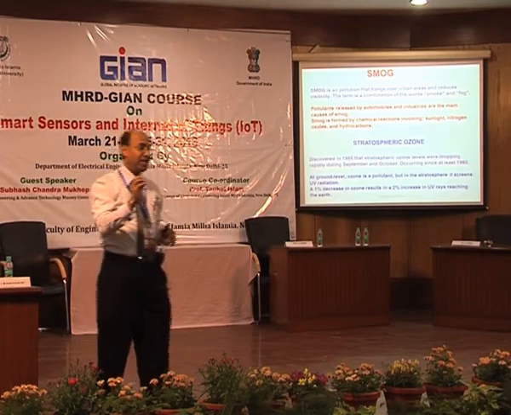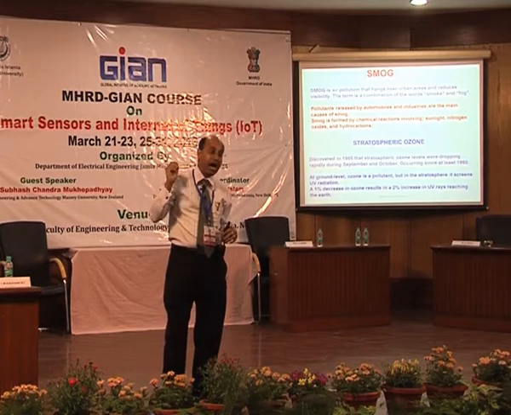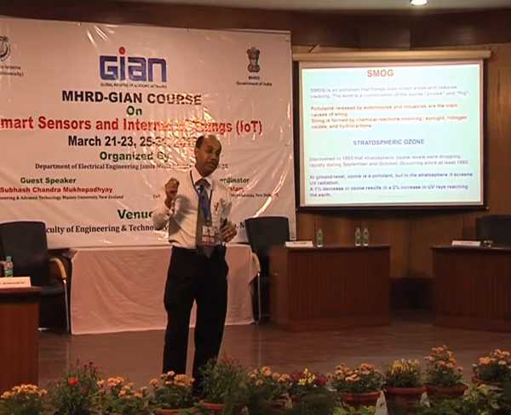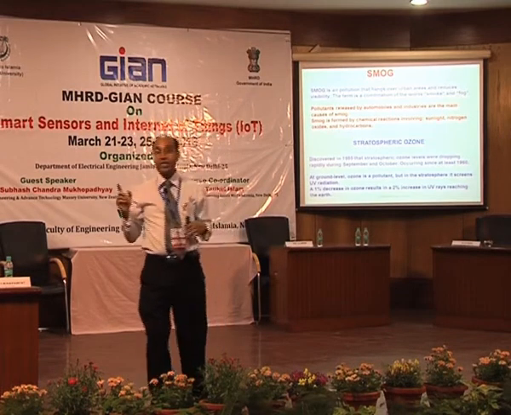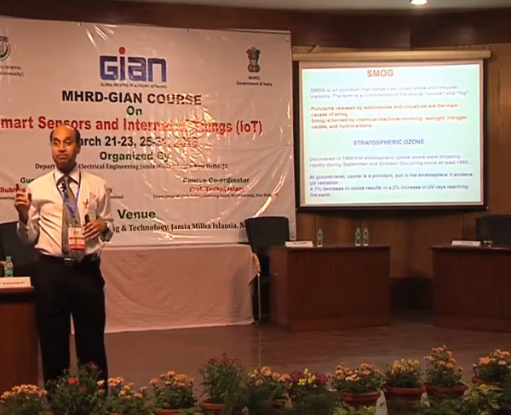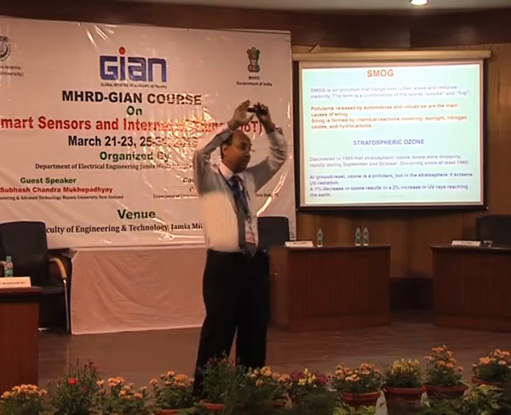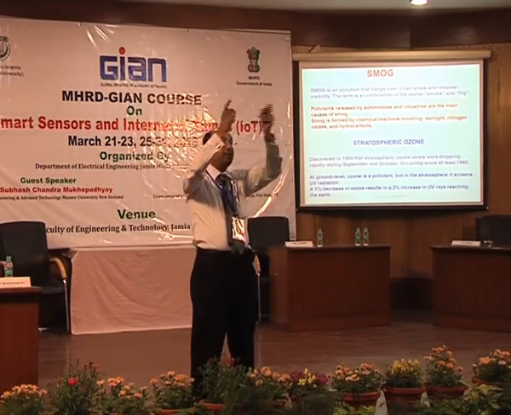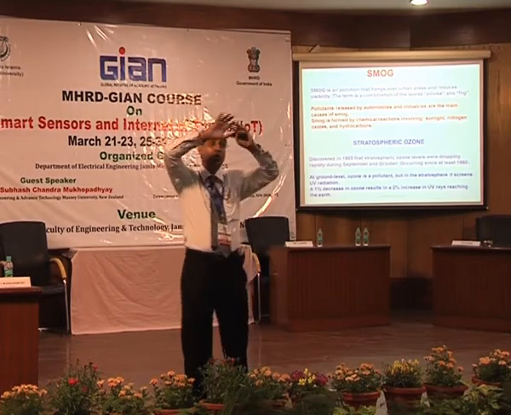In New Zealand, you will be surprised, we have the highest rate of skin cancer. This skin cancer comes because of ultraviolet radiation. In New Zealand, the ozone layer is empty. There is a hole on top of New Zealand.